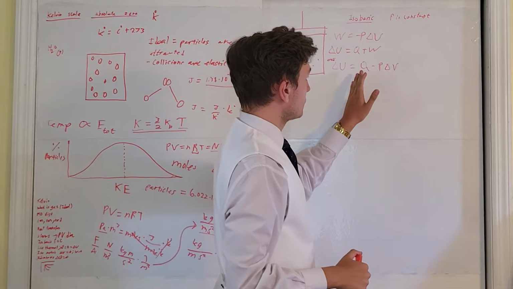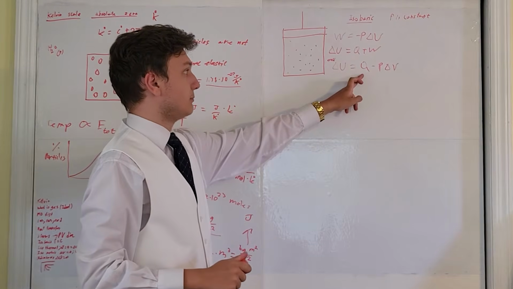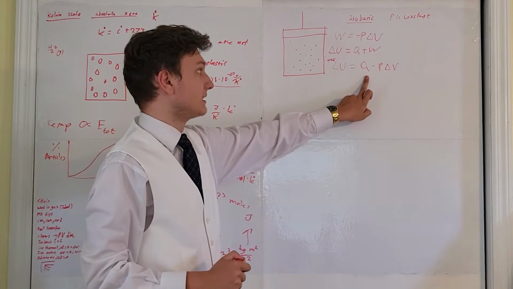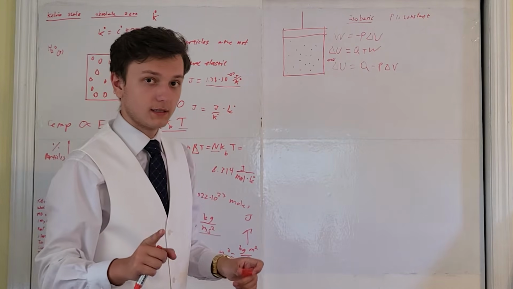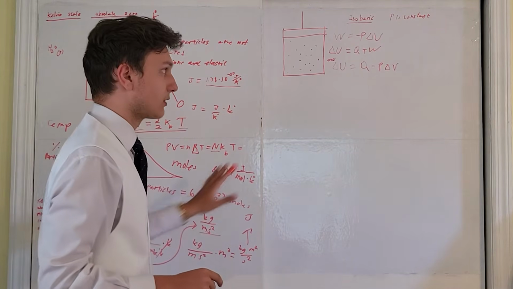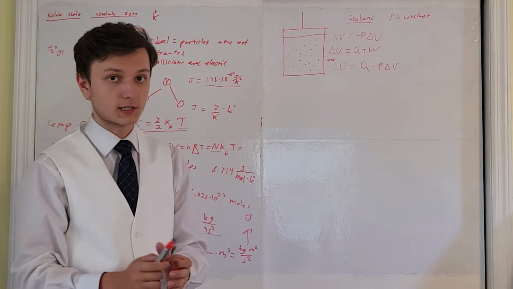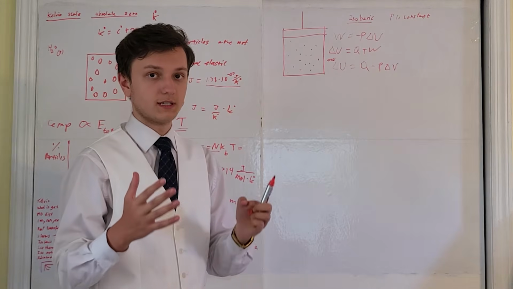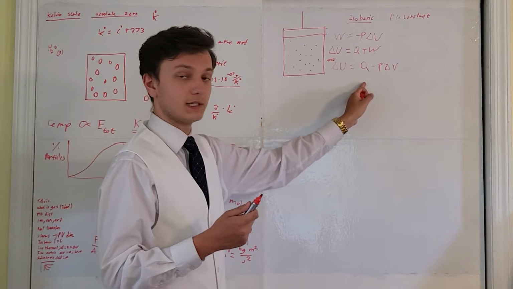I want you to look at Q and understand that that does not mean heat energy. It means change in heat energy, okay? That means that, as we will cover in later processes, if the change in temperature of your system is 0, which means your system's temperature doesn't change, your Q is 0.